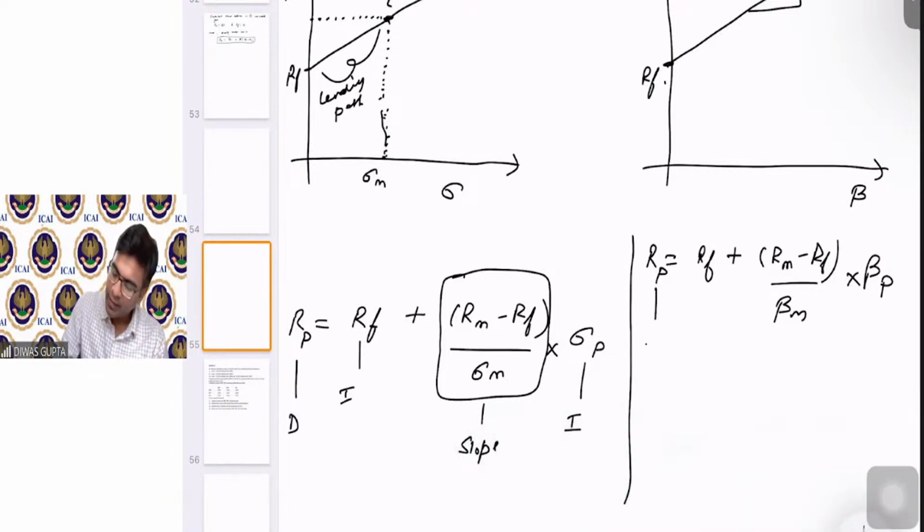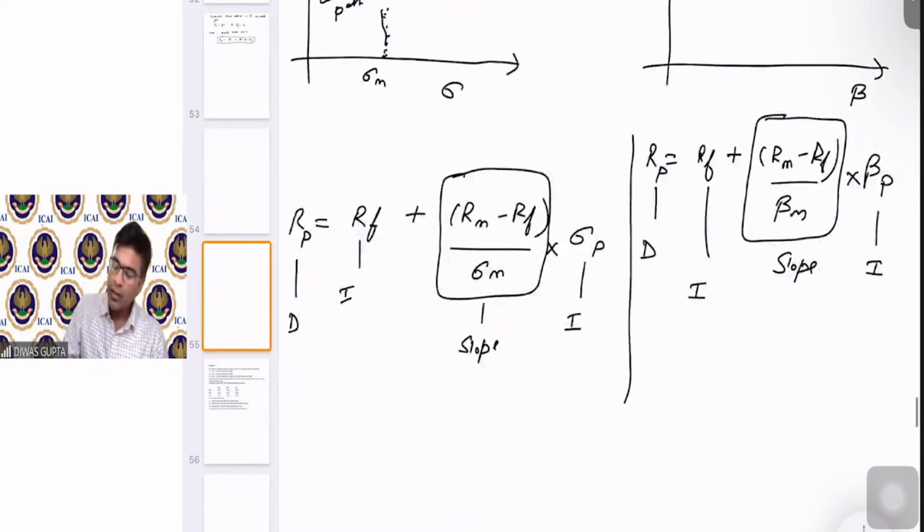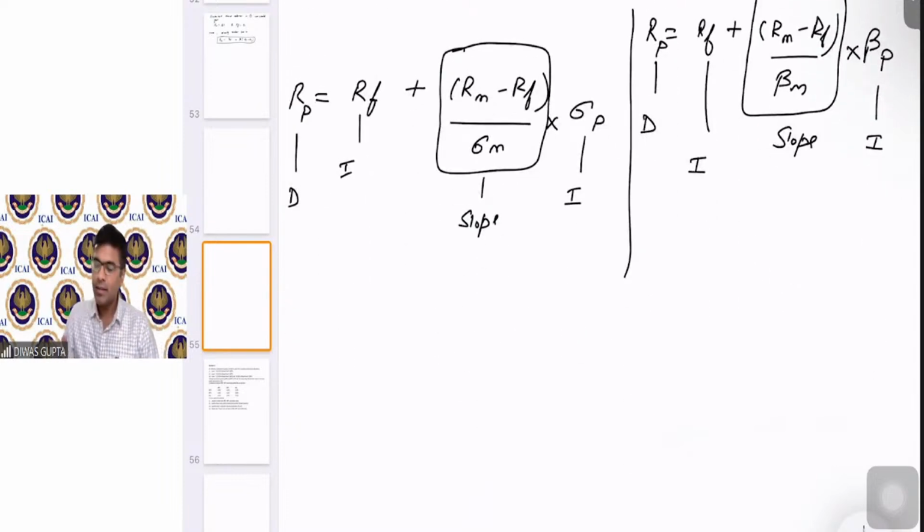Similarly, here it was the dependent variable. This is the intercept. This is the slope, and this became the independent variable. Now, students, what I'm trying to indicate to all of you is, can you tell me what is this? We have studied it. Just let me know what is exactly this.